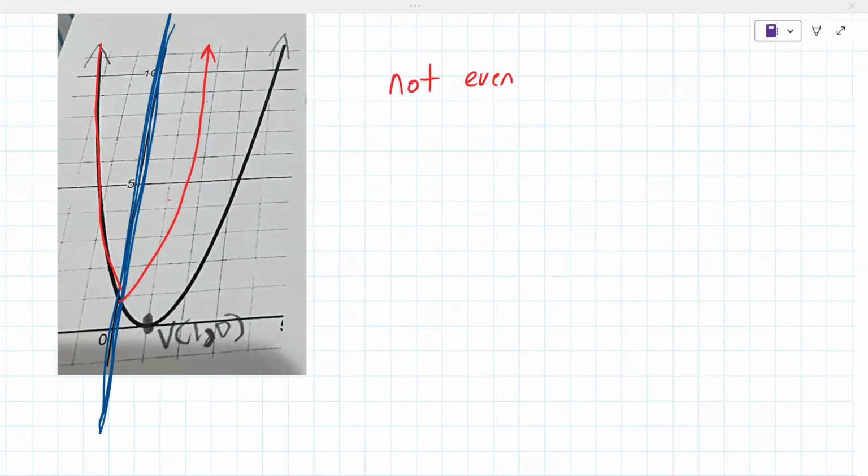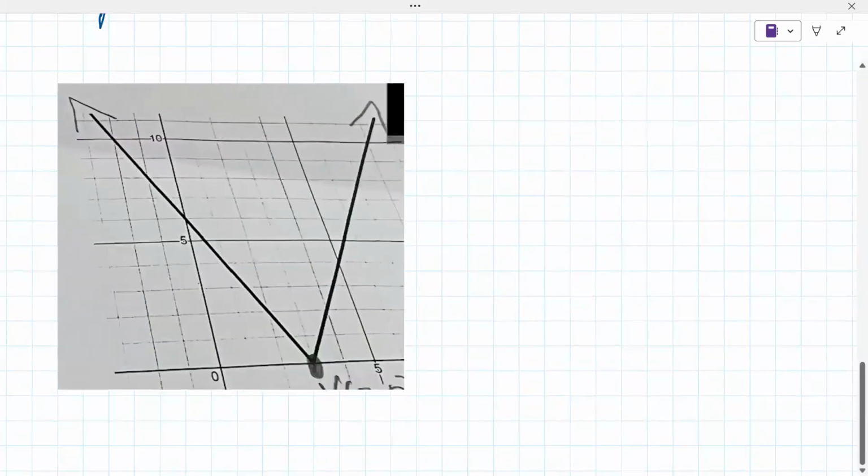Let's try another one here. Where does the vertical line go?